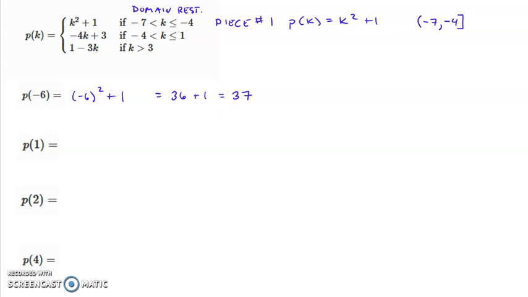The next piece in our function, piece number 2, right, is the equation P of k equals -4k plus 3. Right, and we're going to be using this piece anytime we have a k value between -4 and 1.